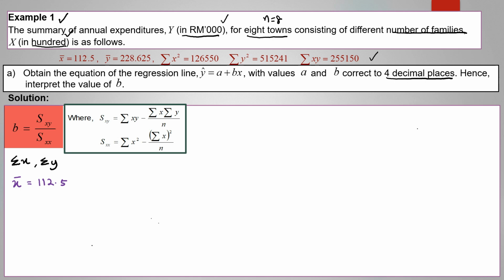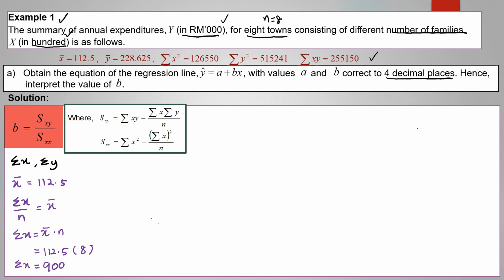X bar is equal to summation x over n. So from here, summation x is equal to x bar times n, which means 112.5 times 8. So the summation x would be equal to 900.